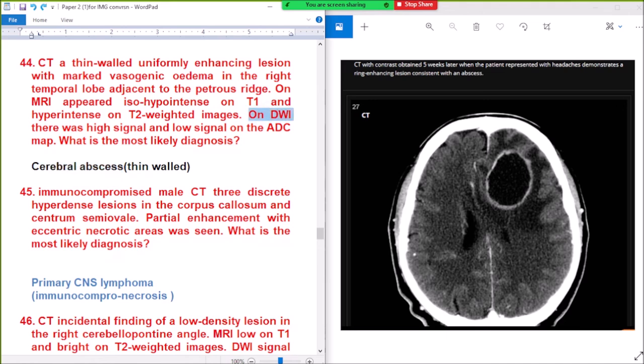One hint is that on DWI there was high signal, because there is more cellular content in an abscess. Another is a thin-walled uniformly enhancing lesion with marked edema in the right temporal lobe. All these signs give us the diagnosis of cerebral abscess.